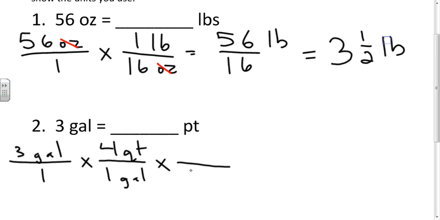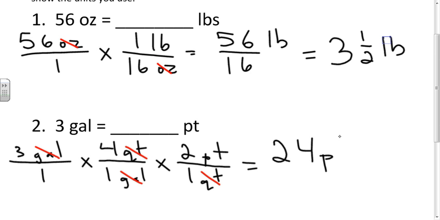I know that 2 pints is 1 quart. Now I've got my pints, so I can cancel out my units: gallons and gallons, quarts and quarts. When I multiply straight across, 3 times 4 is 12. 12 times 2 is 24 pints. And 1 times 1 times 1 is 1, so 24 over 1. So 3 gallons is equal to 24 pints.